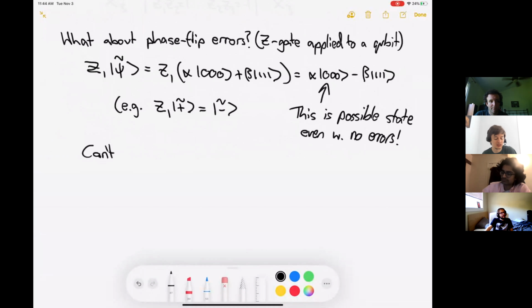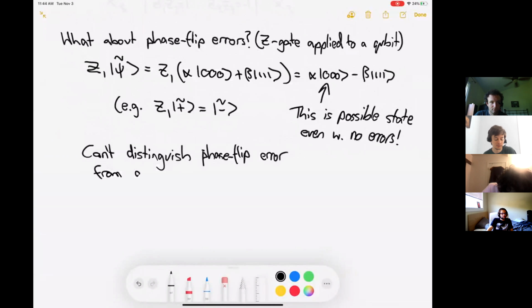So we can't distinguish a phase flip error from just a different initial state. Different logical state, I'll call it.